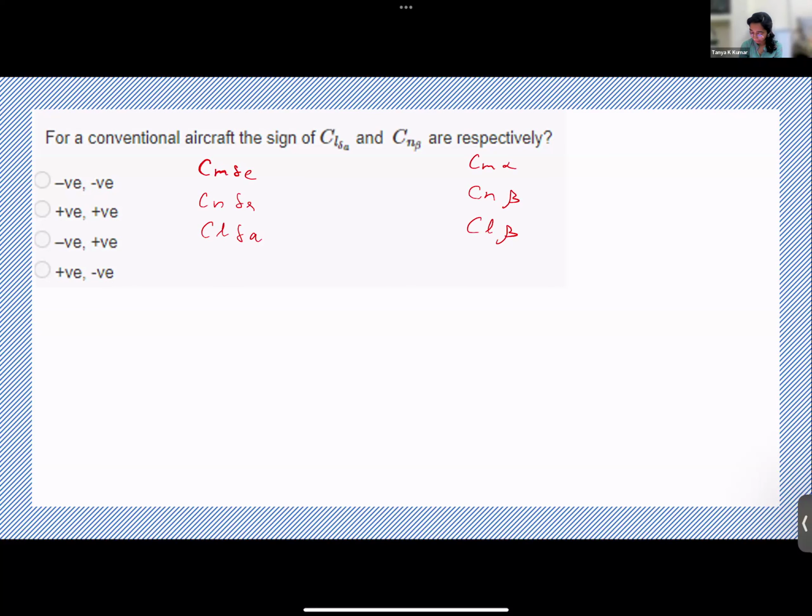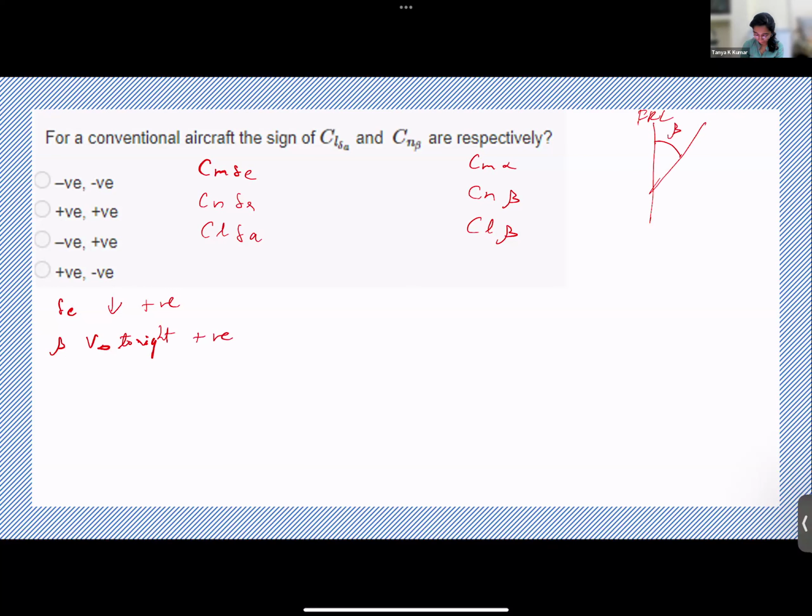Before that, let's see conventions. Deflection of elevator down, delta E downward, is positive. Then beta was positive, right? This is your fuselage reference line, and this beta is positive. So beta, with velocity to the right, is positive.